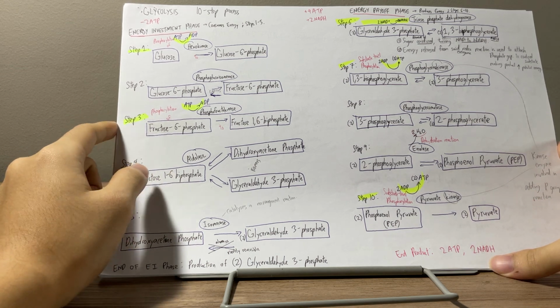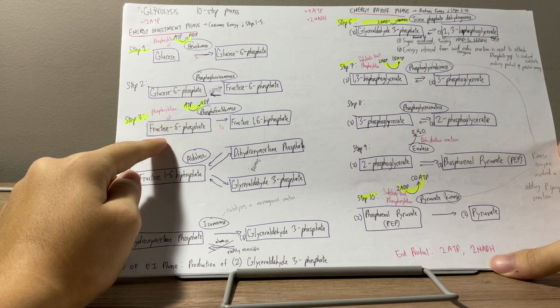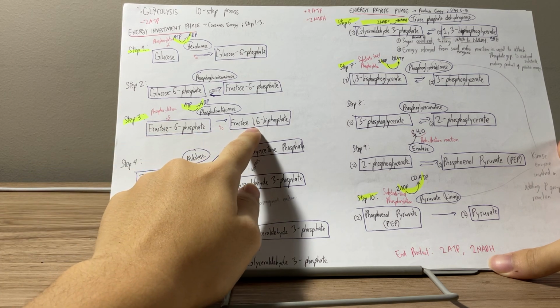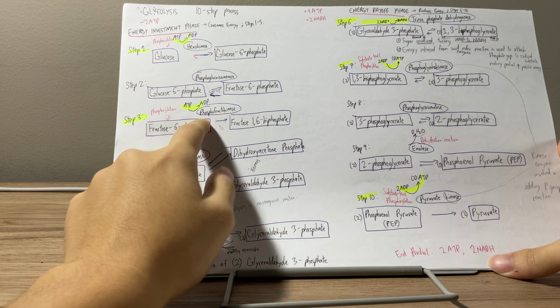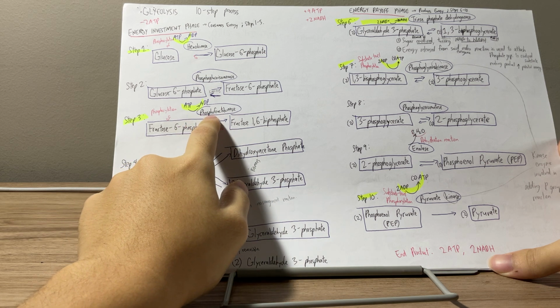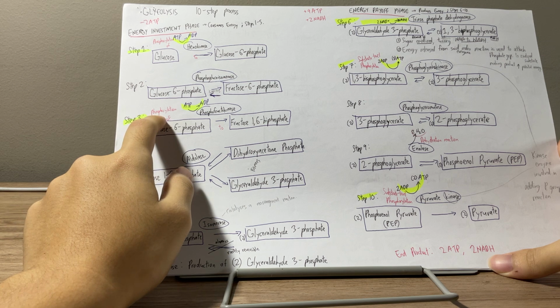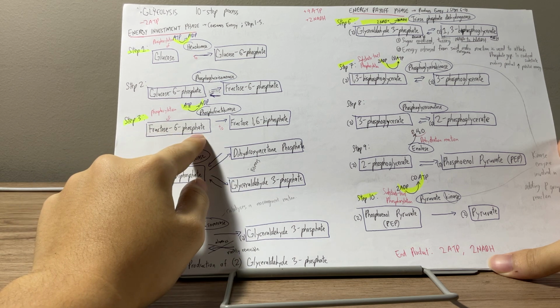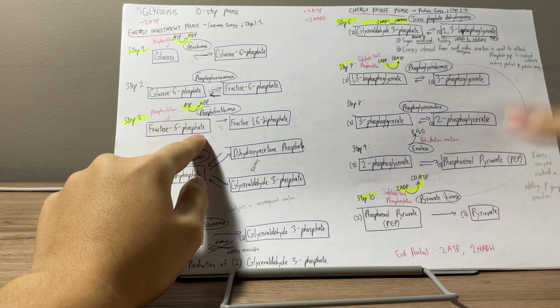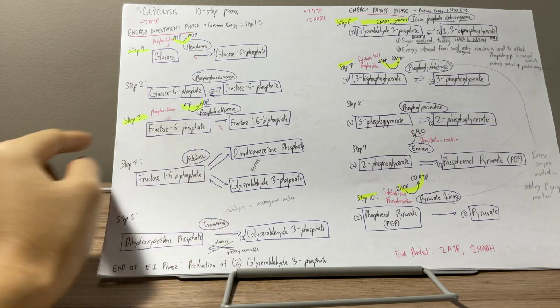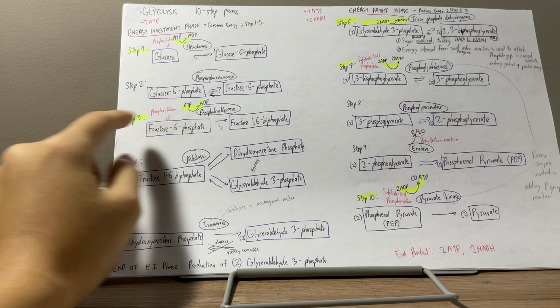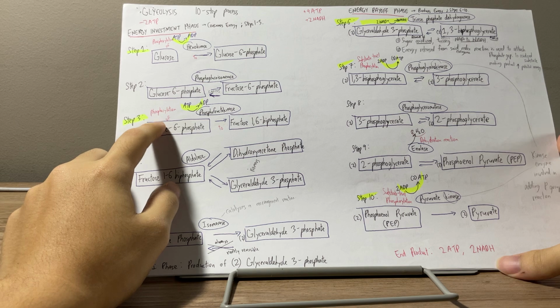Step 3, from fructose 6-phosphate to fructose 1,6-bisphosphate. What's in the middle is phosphofructokinase. Okay, phosphorylation of this. Phosphorylation, I think that's the term.